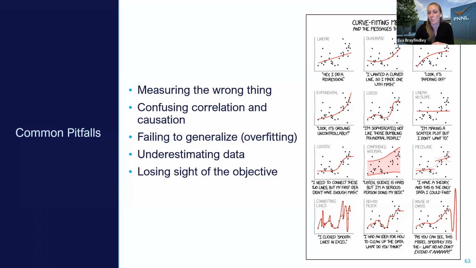Underfitting is cases like when you draw a line on something that should be a curve, right? So you're just totally underestimating the complexity of the data that you have. And both of those are problematic. And then finally, the last big one is losing sight of the objective. Keep your task in mind, make sure that you're still working towards that task definition that you have.